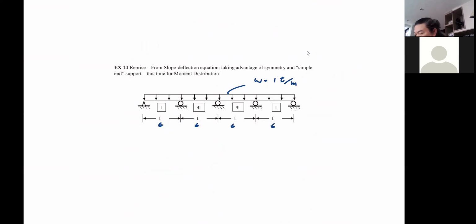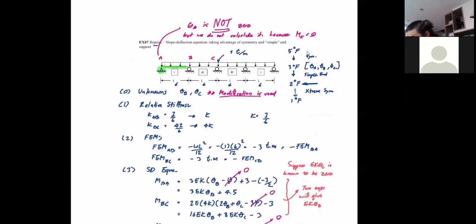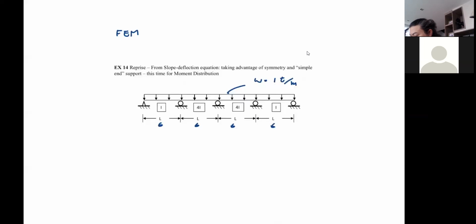From the previous example, we already know that the fixed end moment is -3. You see that? This is from your previous example, so there's no need to panic. So let's give it some names.